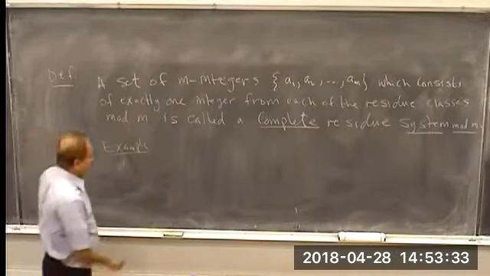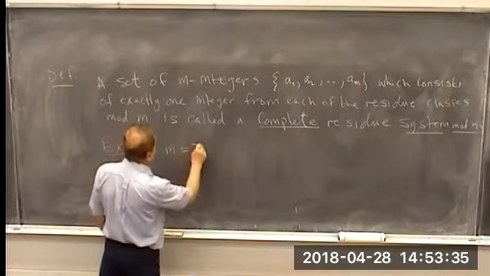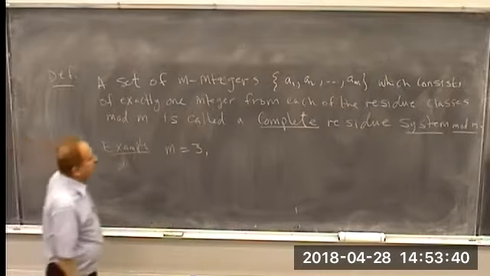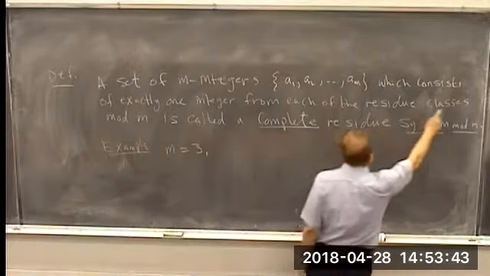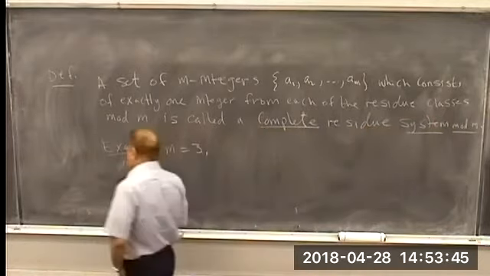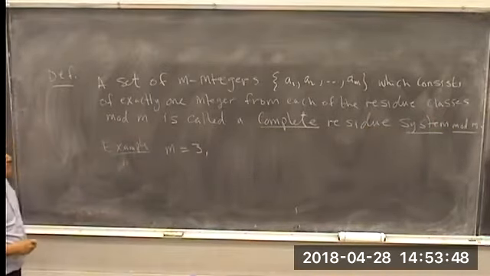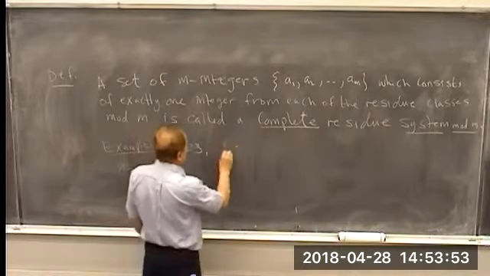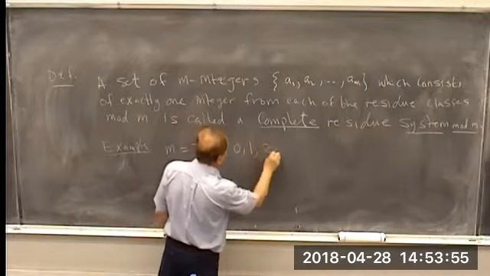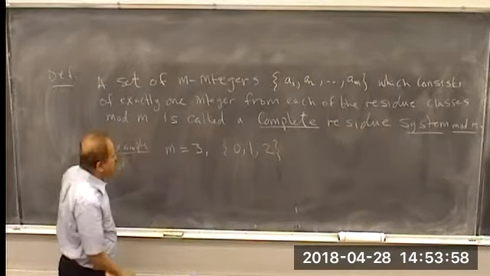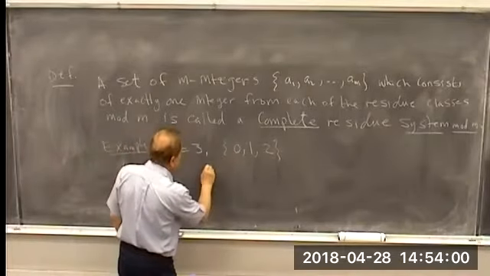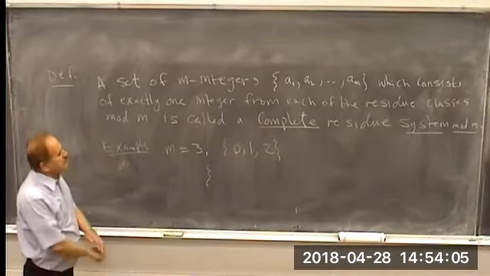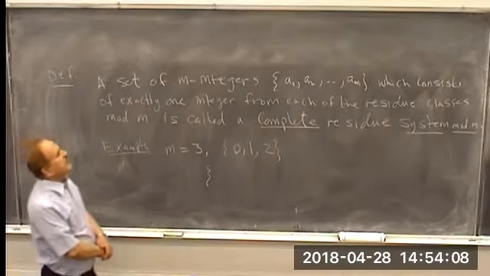Again, let's consider M equal 3. Remember that the residue classes for M equal 3, the ones which we use, the least non-negative residues mod 3, are 0, 1, 2. You could take any number that is congruent to 0 mod 3 as your A1.